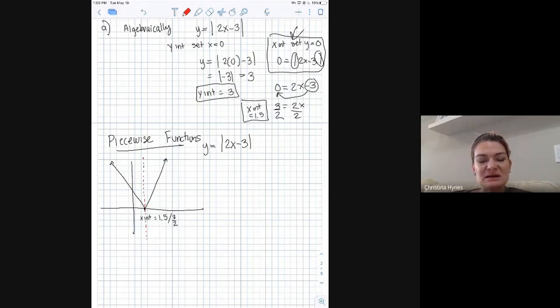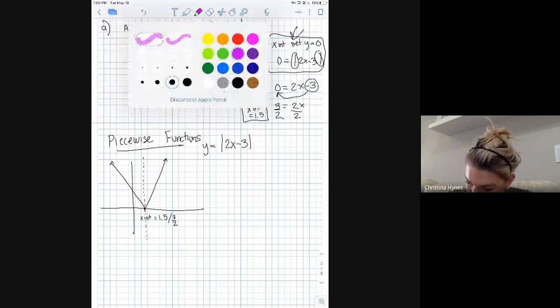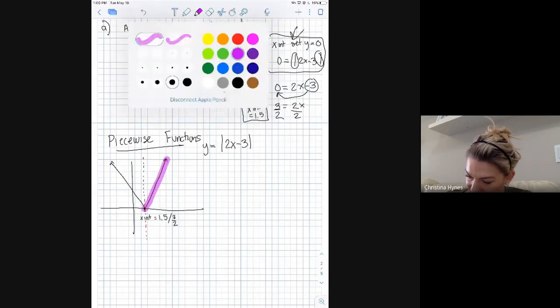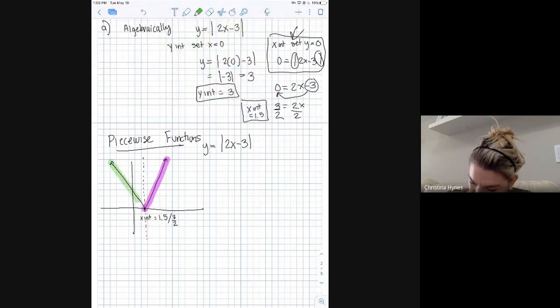So your graph is being divided into two linear equations. There is one linear equation being formed right here, and then this is another linear equation being formed on the left of that x-intercept line, okay?